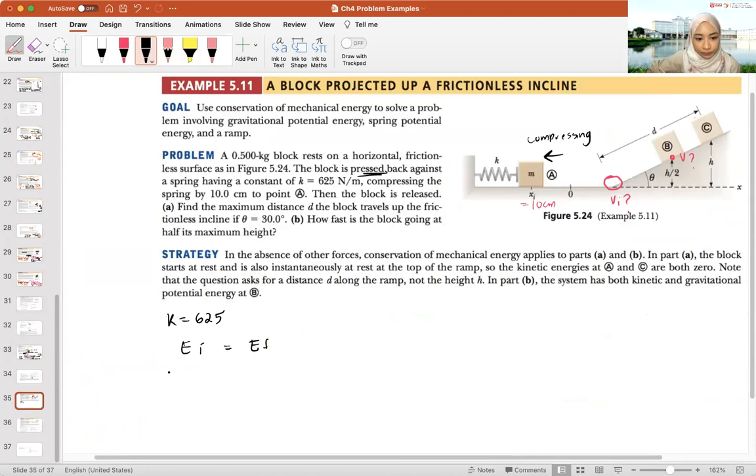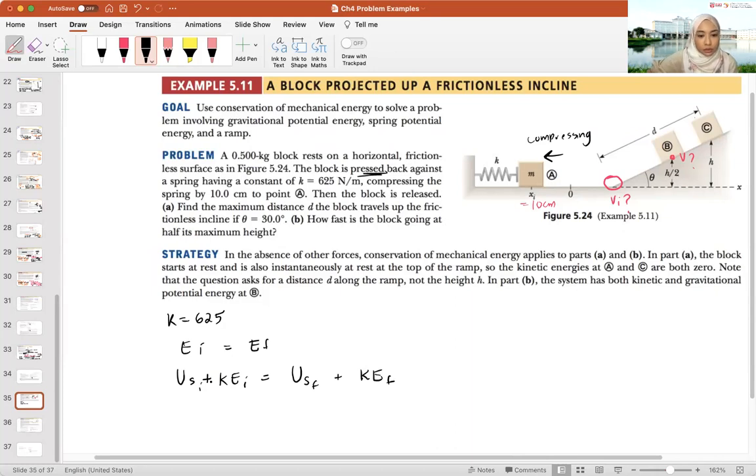Our KE is 0. But let me just write down the basic equation dulu. This is U initial and this is US final plus KE final.